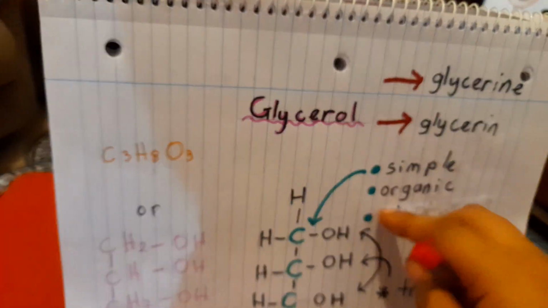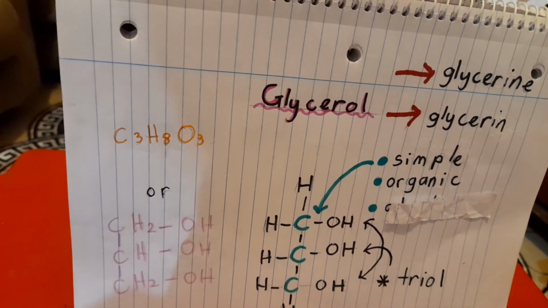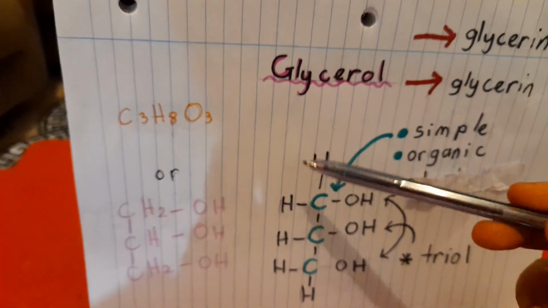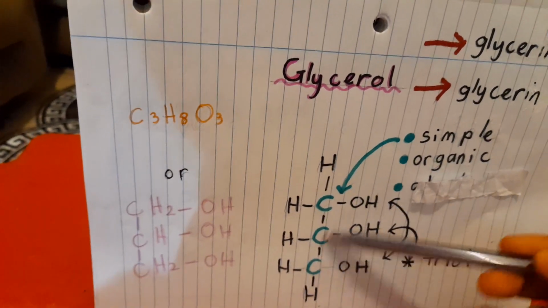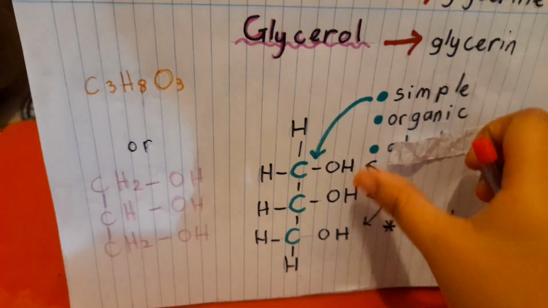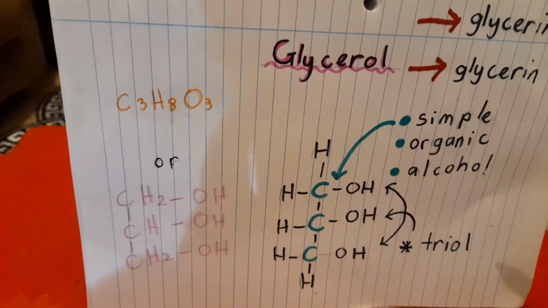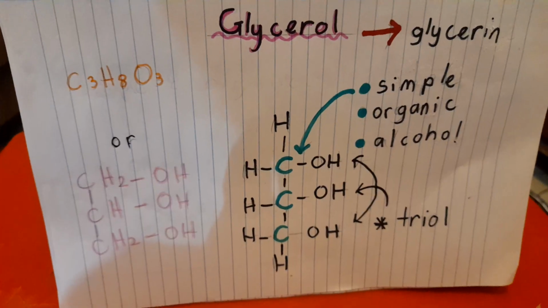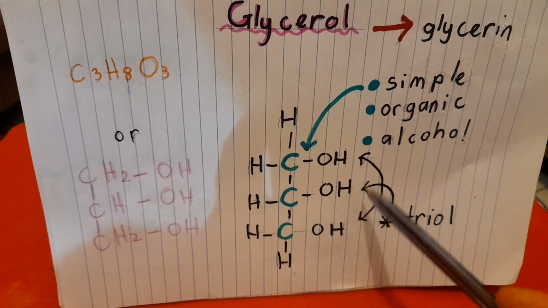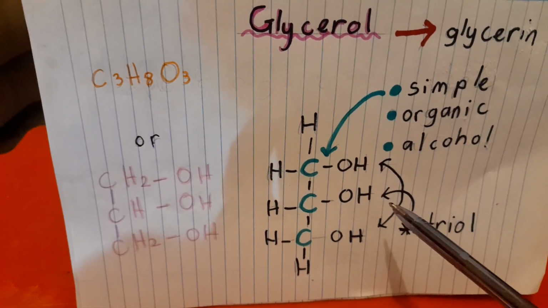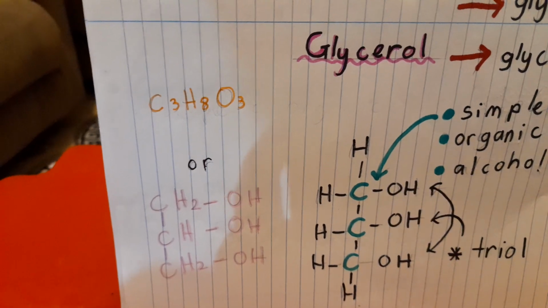It's organic. You can see that from the carbon linked to other elements. And it's an alcohol as well. It's also a triol, which means it has 3 hydroxyl groups, and you could also draw it like this or this.